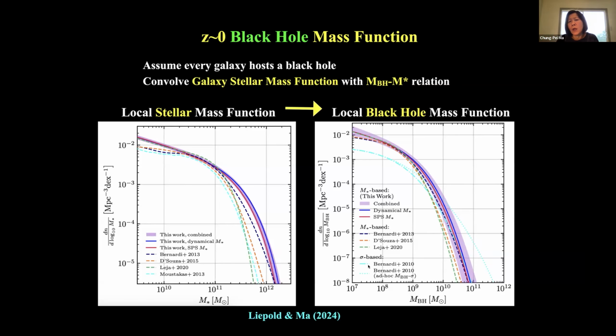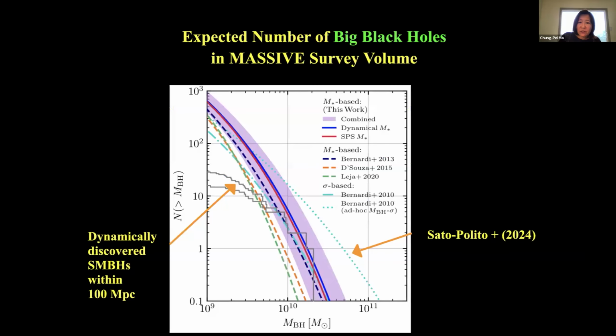I'm showing a few other sigma-based black hole mass functions using the M-sigma relation just for comparison here. So from this black hole mass function, zooming into this, we can ask, within this MASSIVE survey volume, which we know very well, out to some distance in the northern hemisphere above declination of -6, how many black holes are known?